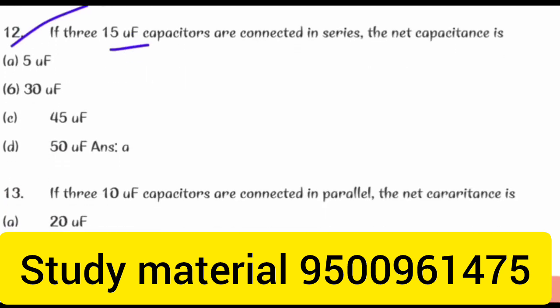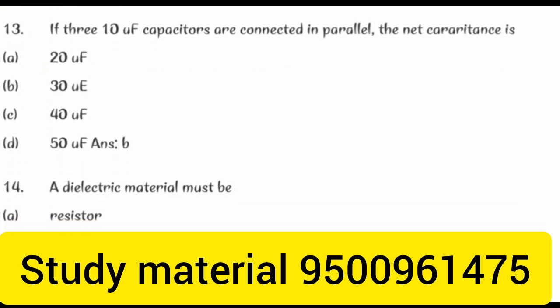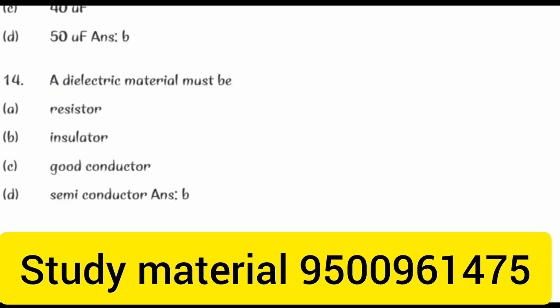If three 15 µF capacitors are connected in series, the net capacitance is 5 µF. If three 10 µF capacitors are connected in parallel, the net capacitance is 30 µF.